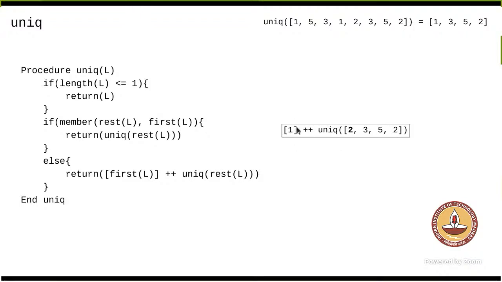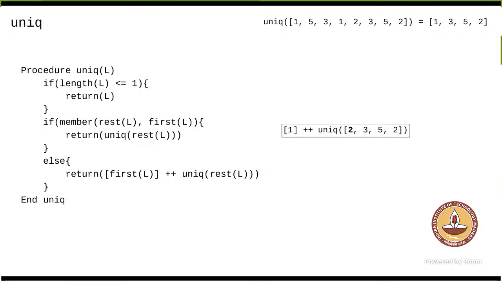Sir, but we have not written it in this. This is the second occurrence of 1. The first occurrence we have already discarded. Right, correct. So is this the one you are talking about? Yes, this one. At this stage, we are returning 1 plus unique of rest of L. And in the next step, we will discard 2.